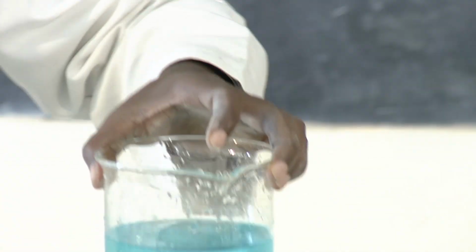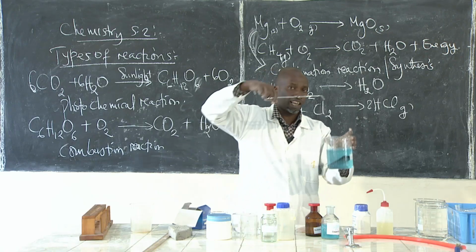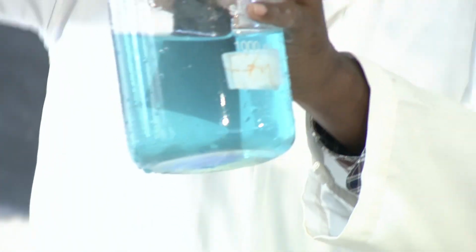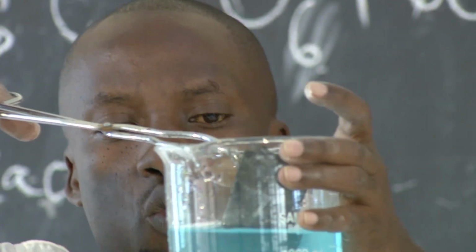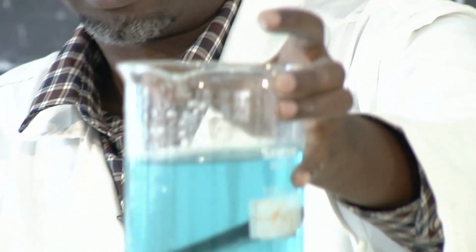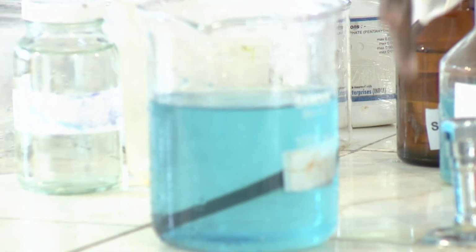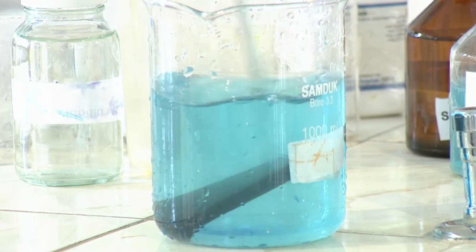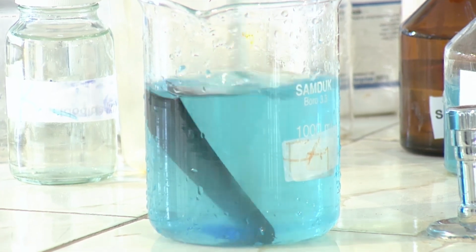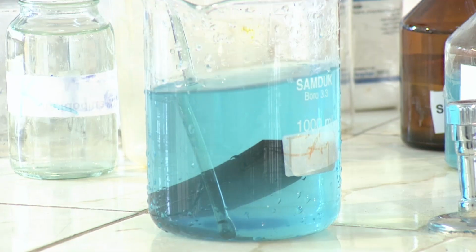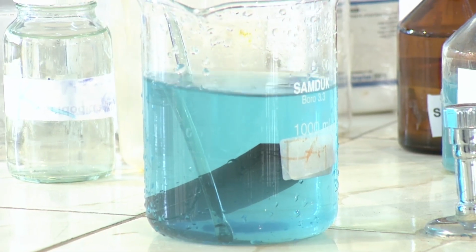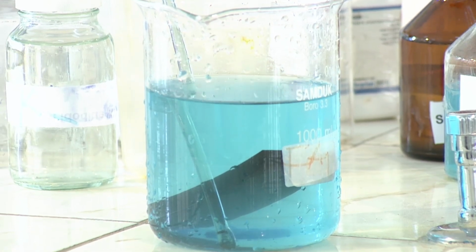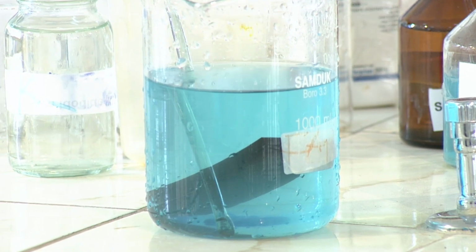But when you look at the metal inside here, the metal is changing. We'll just leave it there and keep seeing what is happening. So there is copper in there. When you look at the zinc strip, it is changing. Can you predict what is happening?